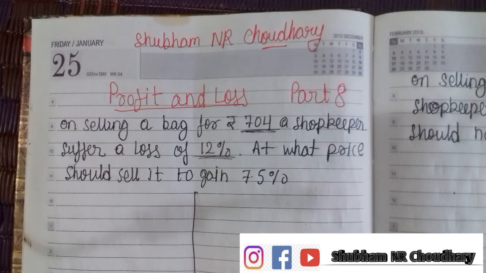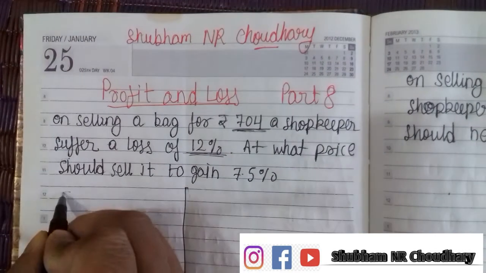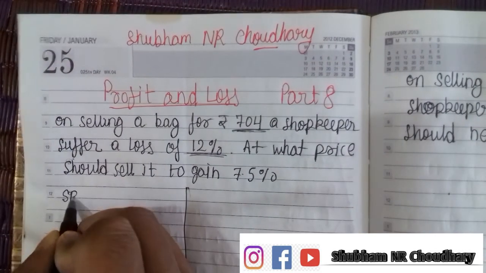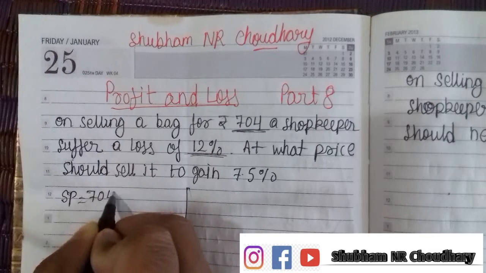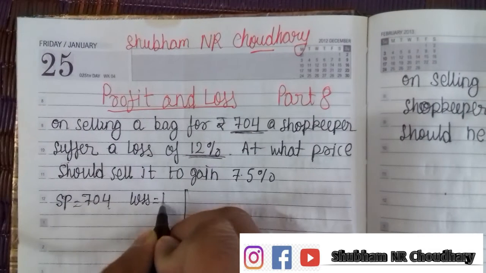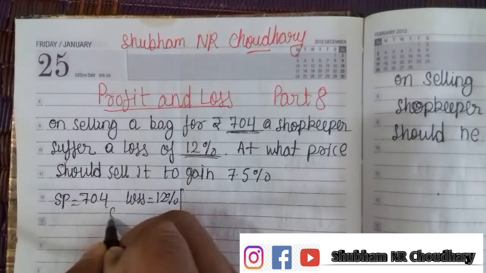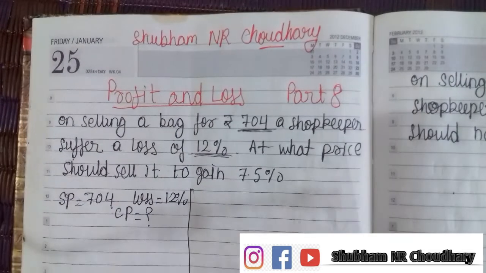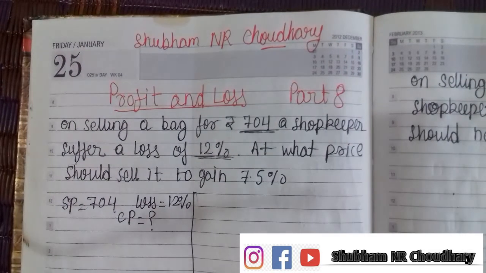Then we could find 7.5% gain on the cost price. So let's start. First, we will see SP is 704 and loss is 12%, and the cost price we need to find.